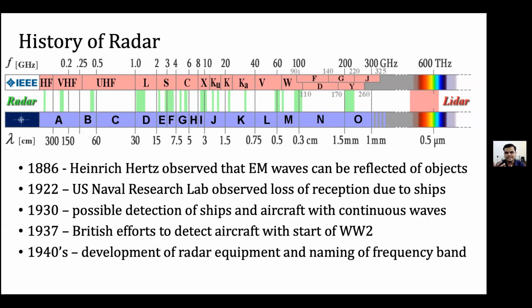That led to a lot of questions being answered during the Second World War. The whole naming convention of radar, which is not very intuitive, is only because it was in the World War time. Nobody wanted the enemy to exactly know what frequency was being transmitted.